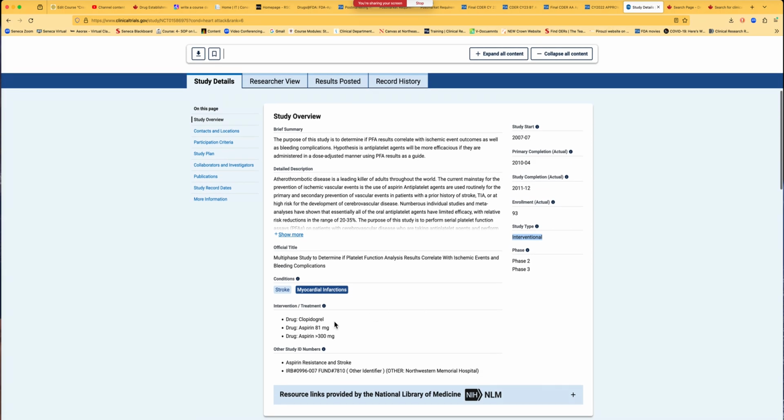Then we look into the drugs. We didn't only choose aspirin, but we also used clopidogrel. So we were comparing our drug aspirin 81 milligrams with clopidogrel, and we were also testing aspirin 81 milligrams against aspirin at 300 milligrams.